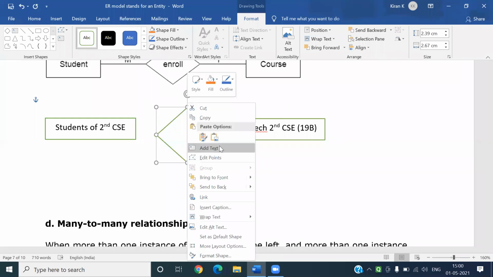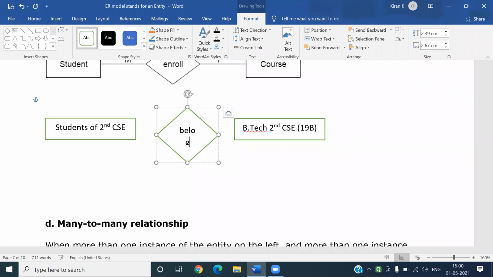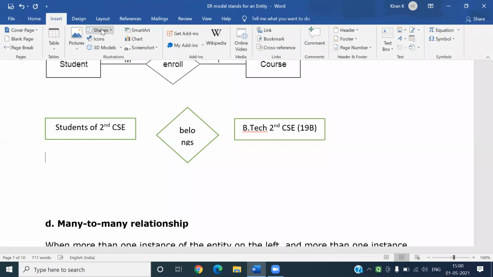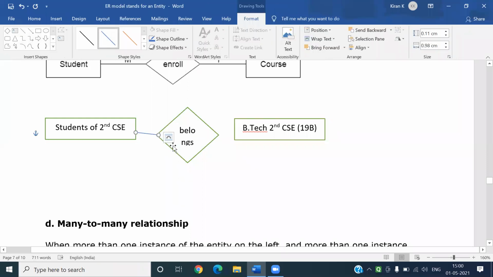There is only one class. Belongs to, see, all students of second CSE belong to BTech second CSE 19B section, 19 batch section. That means it is M. We have M students here, more number of students are there here, and here only one batch like that.